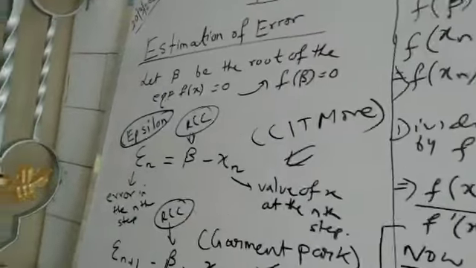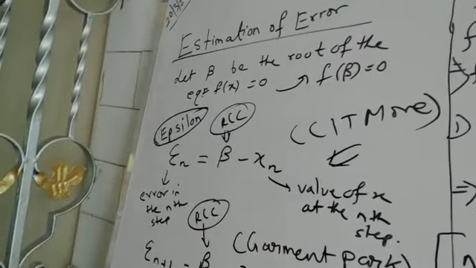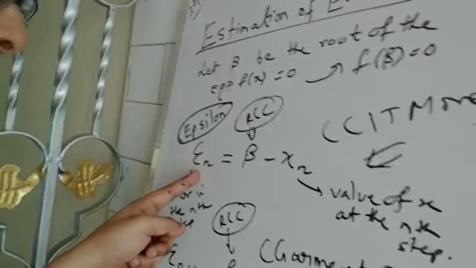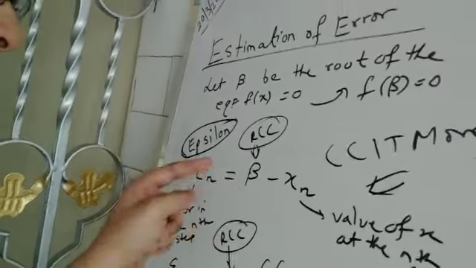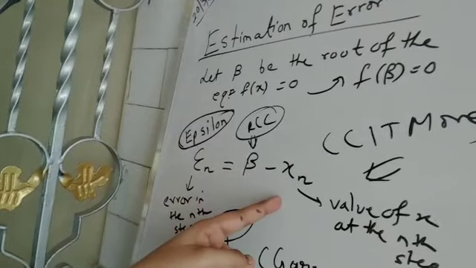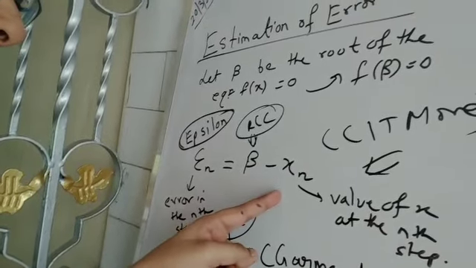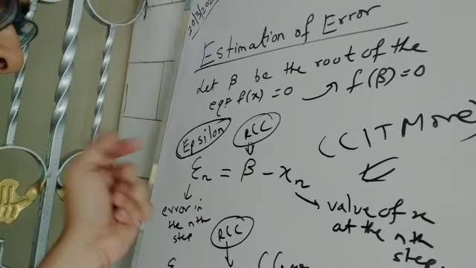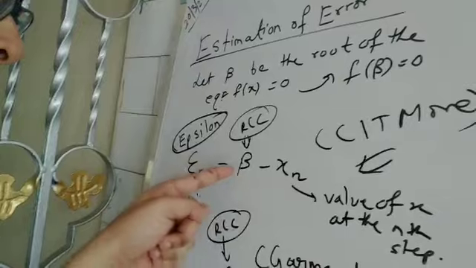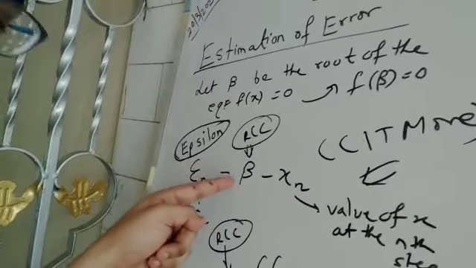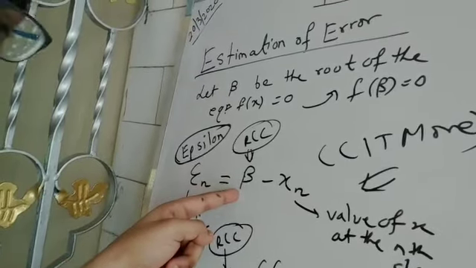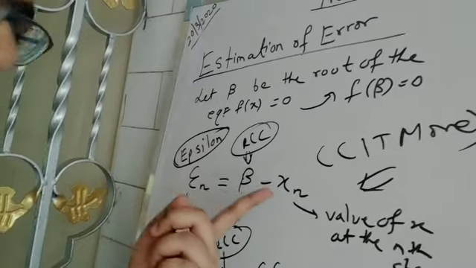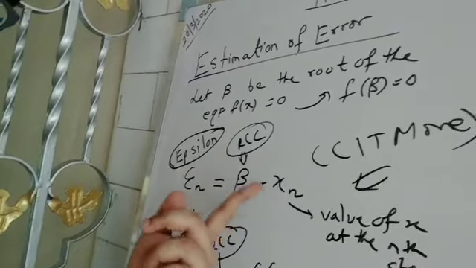Next, before going into the derivation part, let us see some symbols. Here it is epsilon n, which is equal to beta minus xn. What is xn? In our analogy, think of this one as your destination, that is RCCIIT, and you have reached from Jharkhand to CIT Moore.